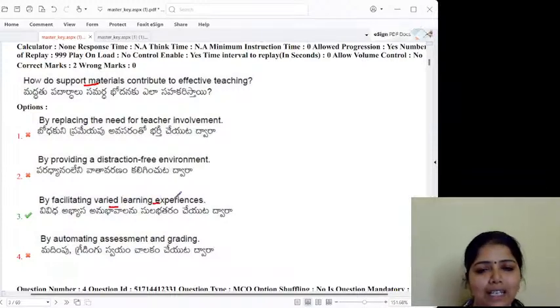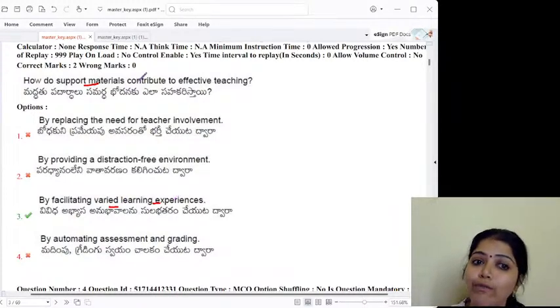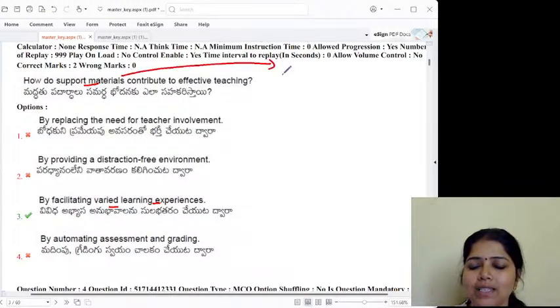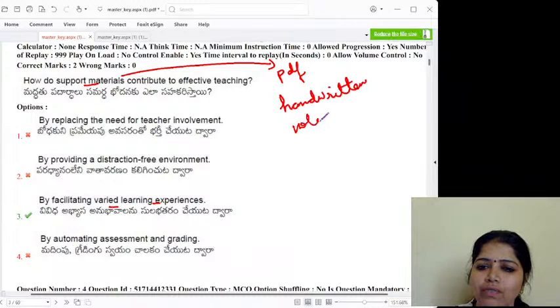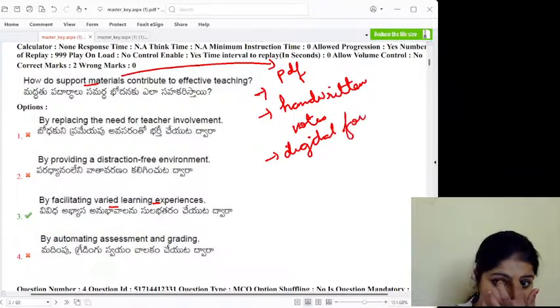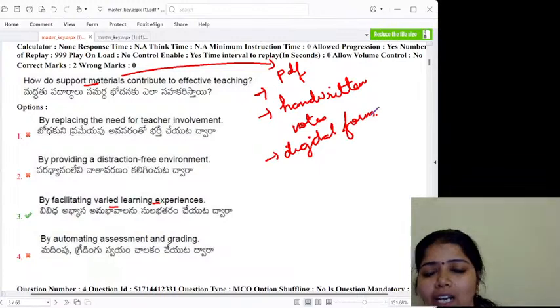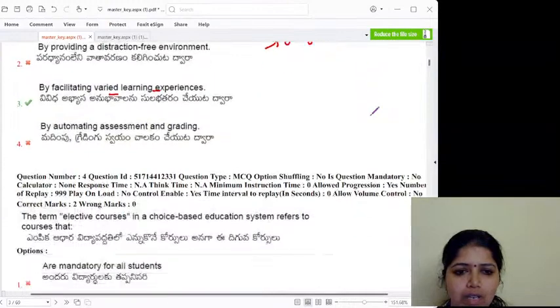Learning through digital, handouts, or infographics each gives me a different experience. So this question is not a problem. This is right.